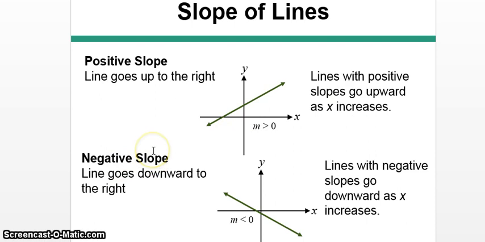Negative slope, line goes downward to the right. Look at the line goes downward. Its slope is negative. Lines with negative slopes go downward as x increases.